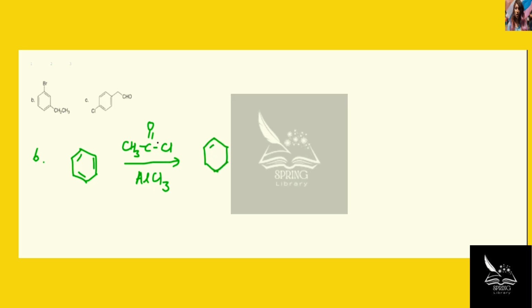Here ethyl and Br both are actually ortho-para-directing. That is why we have to introduce the meta-directing group by acetylation. So by this you are getting the acetyl group, COCH3. Once this is formed, this is acetophenone.